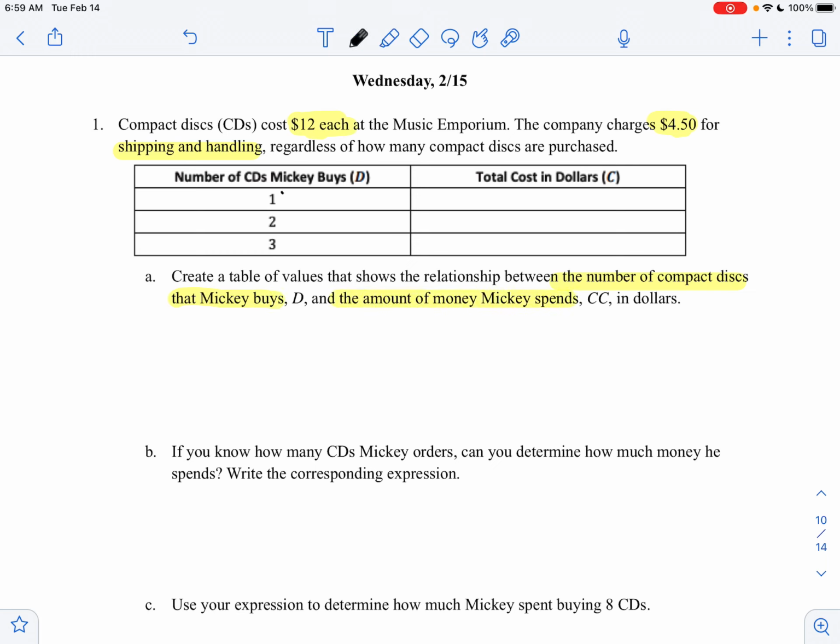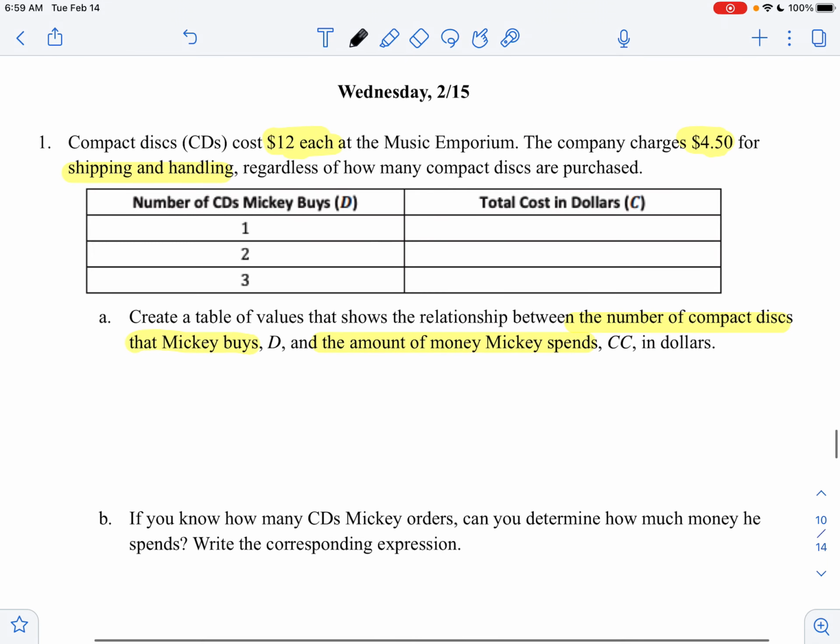So I know that one CD is going to cost $12, but it's asking me for the total cost. And so I can't forget that in addition to the $12 that one CD costs, I also need to pay the $4.50 in shipping. So one CD is going to be $12 for the CD plus the $4.50 in shipping.